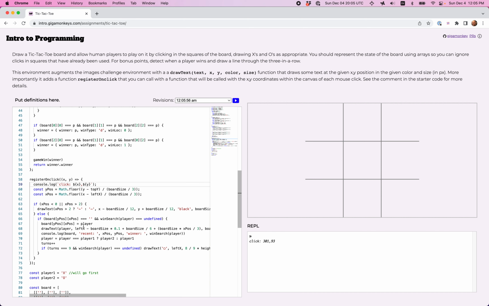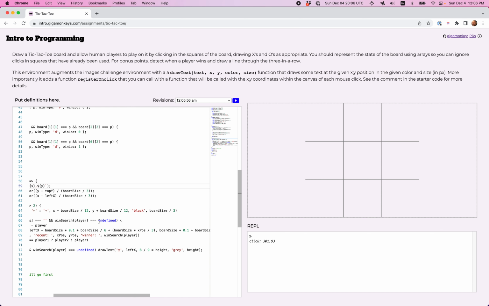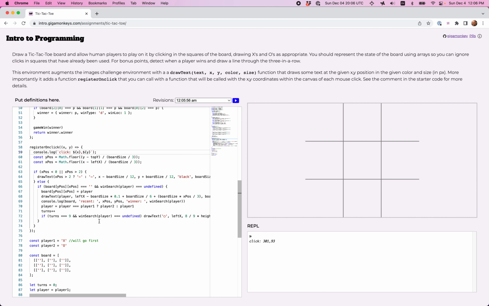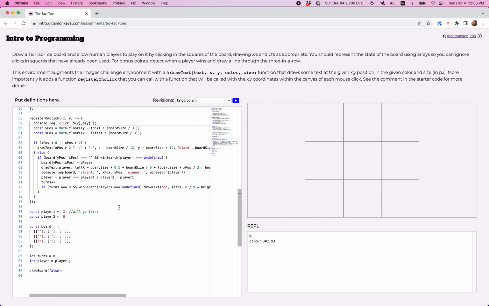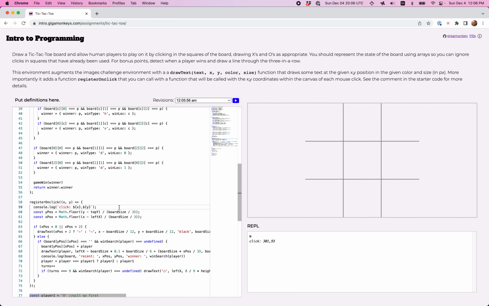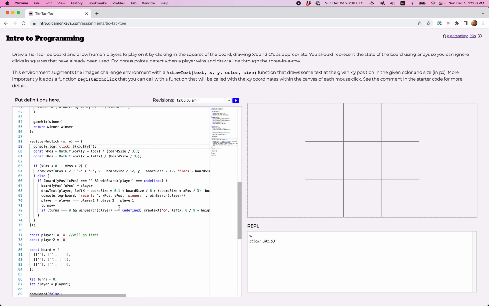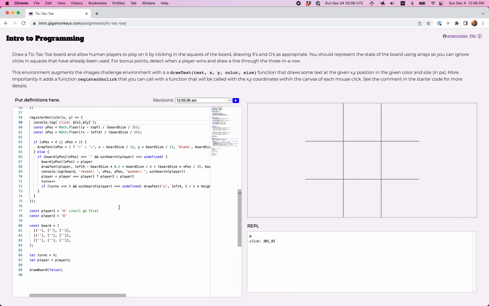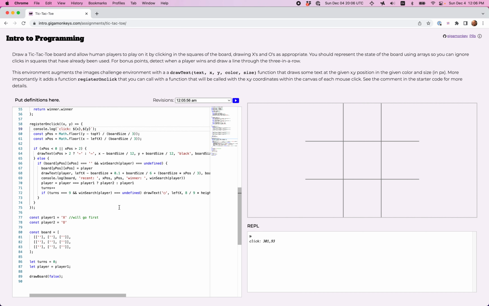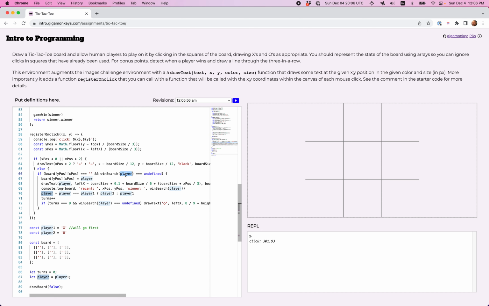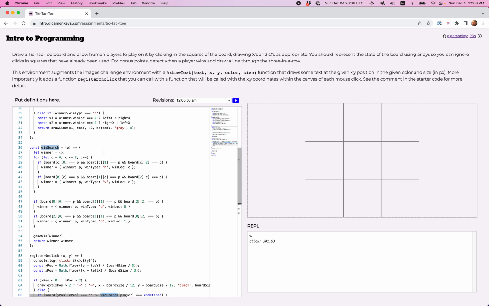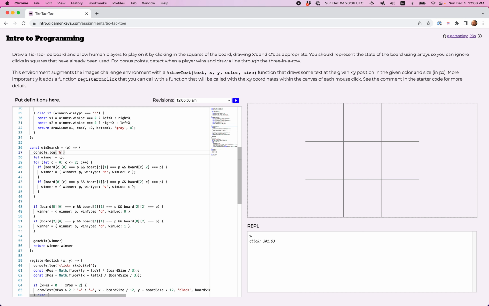Okay, clicking's working. All right, now you're seeing the real debugging.